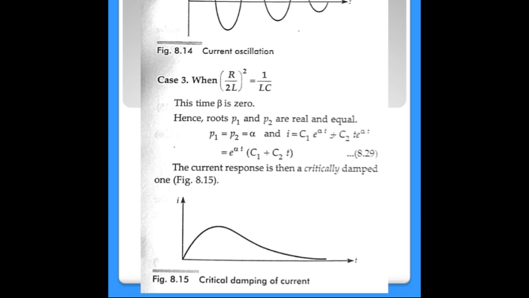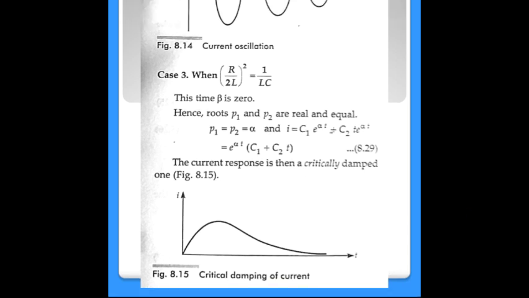So P1 is equal to P2 is equal to alpha, and I is equal to C1 e^(alpha t) plus C2 t e^(alpha t). So the solution is e^(alpha t) times (C1 plus C2 t). The current response is then critically damped, which is shown in the figure below.